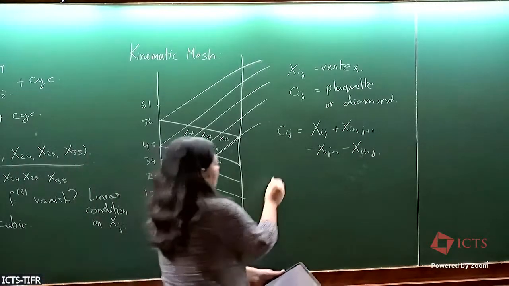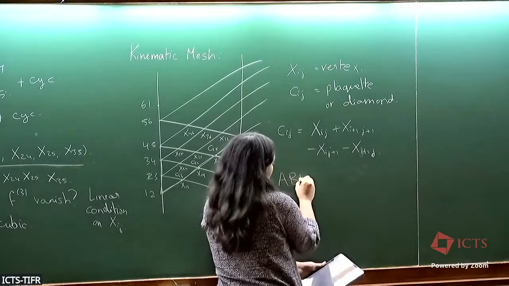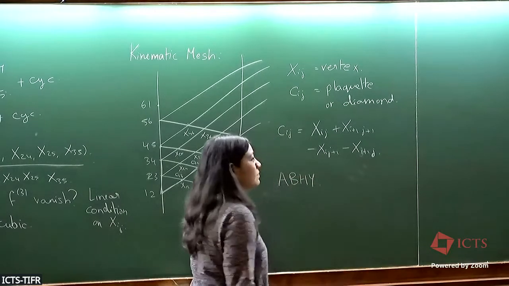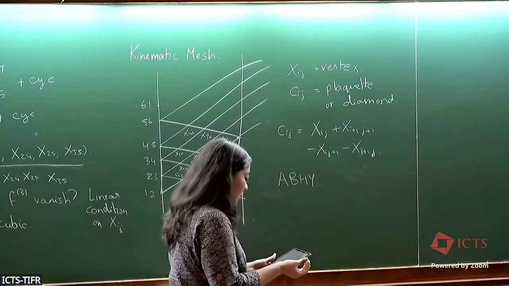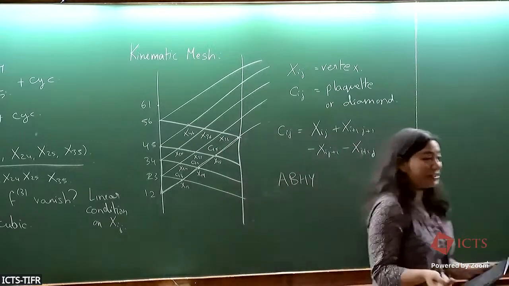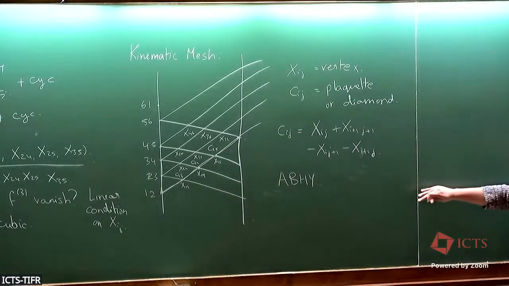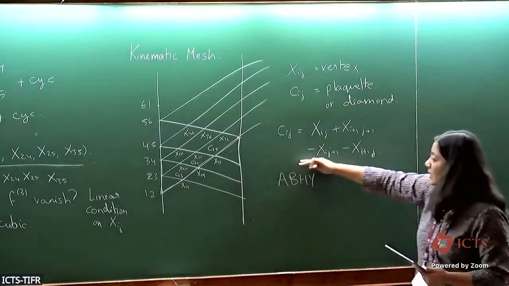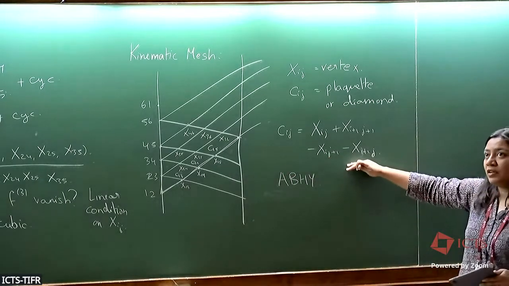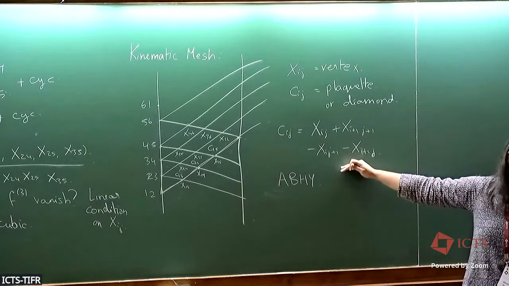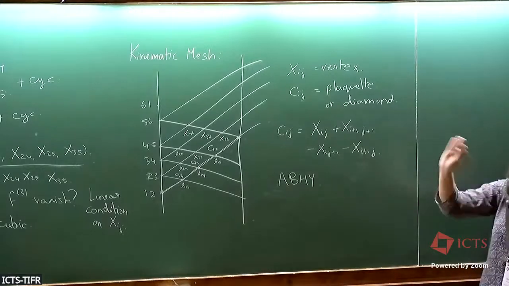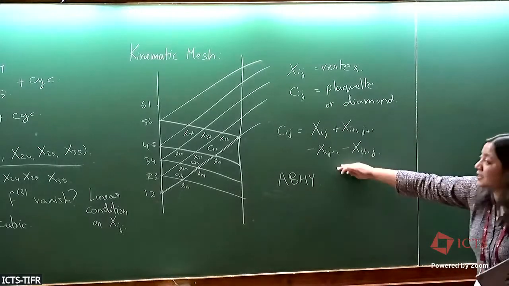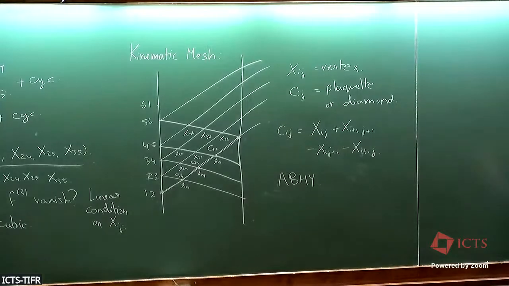So this was used by ABHY. Don't have the year, so I actually don't remember the year. But yeah, when I say this, it's a way of giving geometric meaning to some combinatorial object. The combinatorial object is an associahedron. And this equation is what is giving it some geometry.